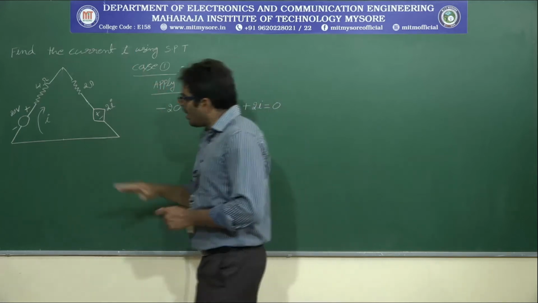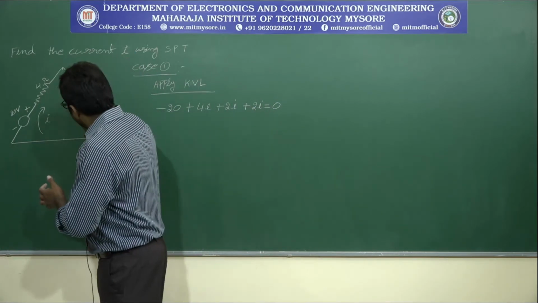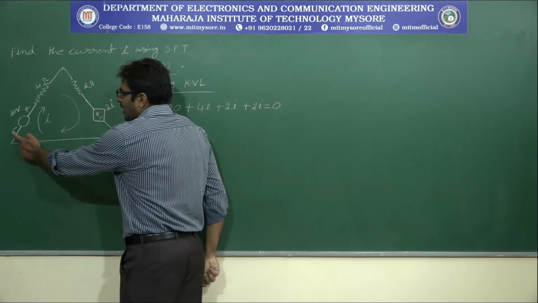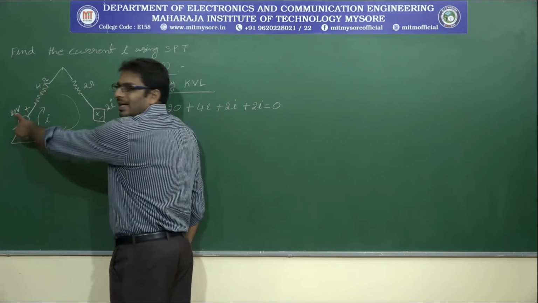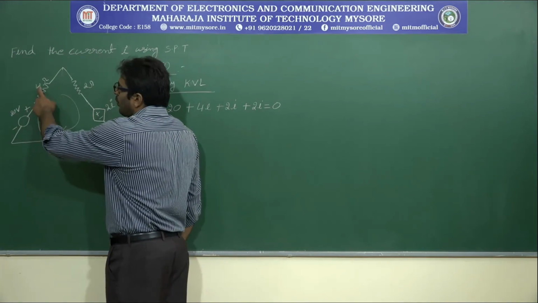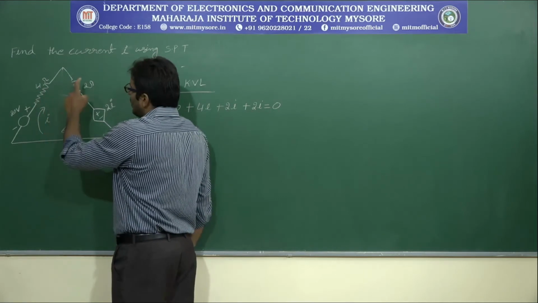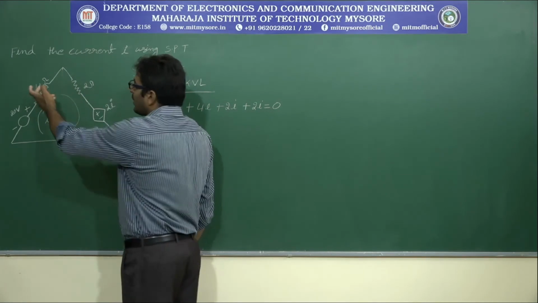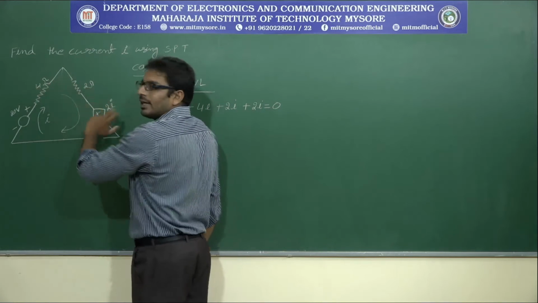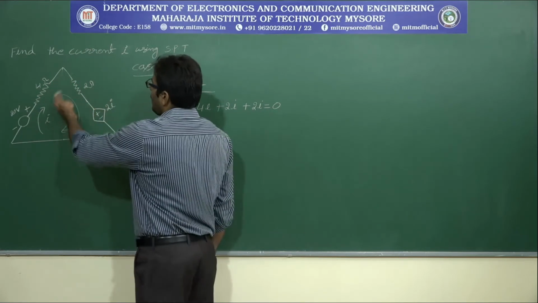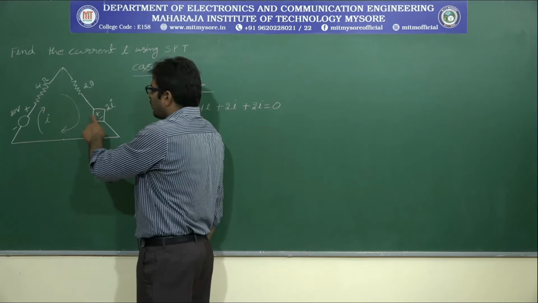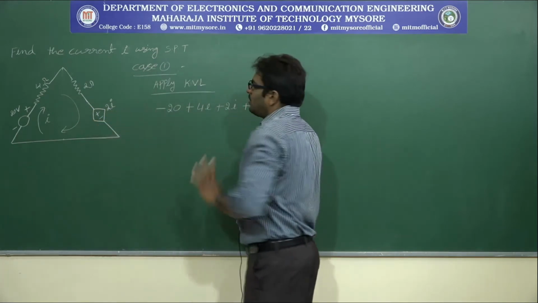Apply KVL for this loop. First it meets the polarity minus, so minus 20 plus 4 into I plus 2 into I, or else directly you can take 4 plus 2 because these two are connected in series, 6I. Again it meets the polarity plus, so plus 2I, that is equal to 0.